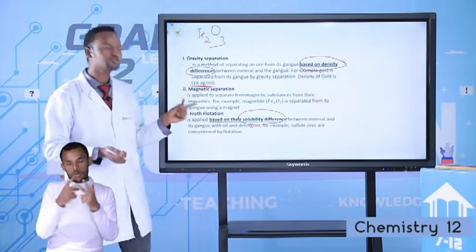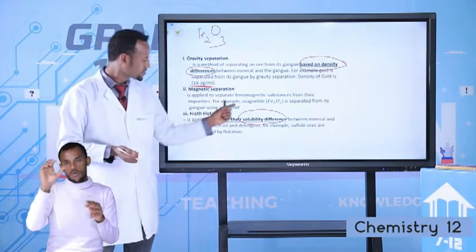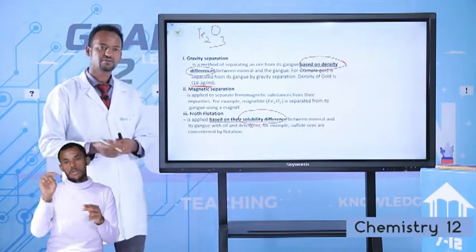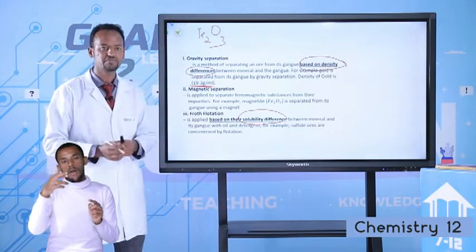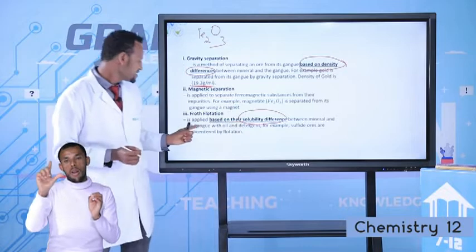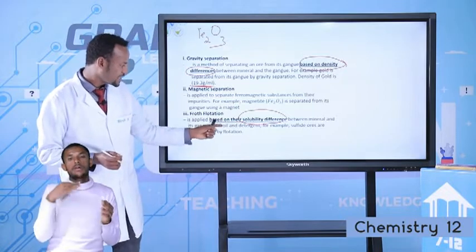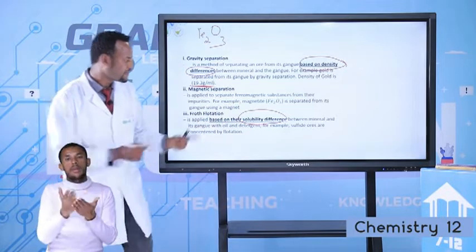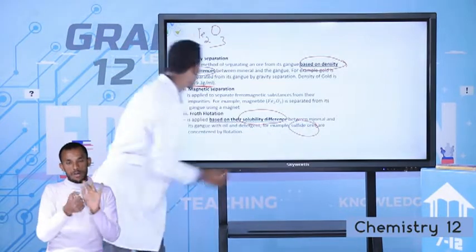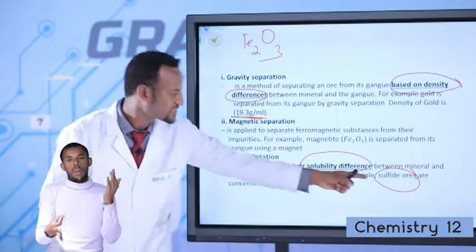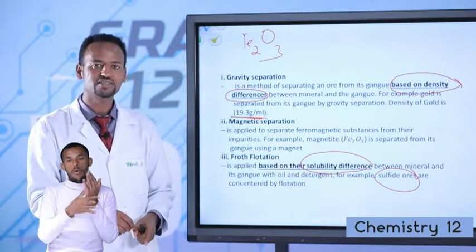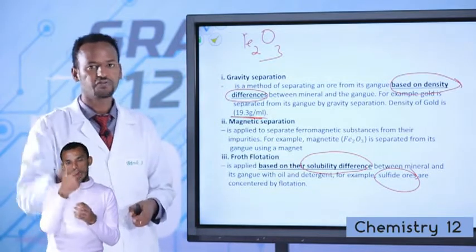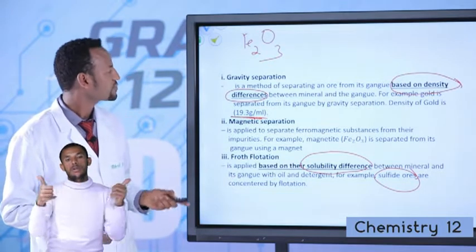The third one is froth flotation, based on solubility difference. Polar with polar, non-polar with non-polar, the like dissolves like principle. The gangue is treated with oil and detergent. For example, sulfide ores, by using oil and detergent, can be separated by the flotation technique.